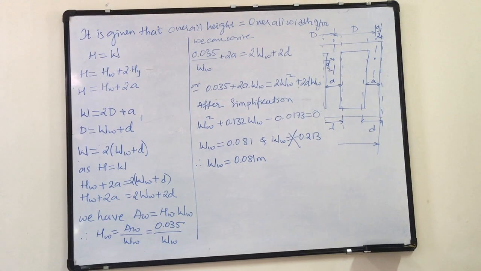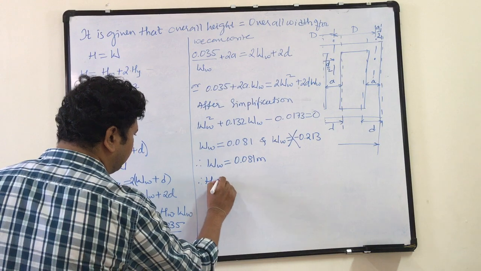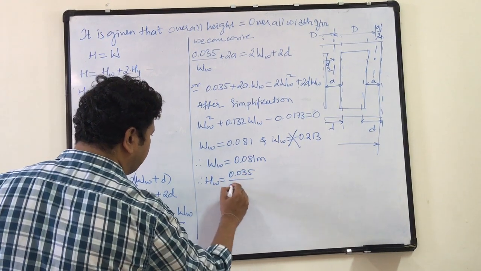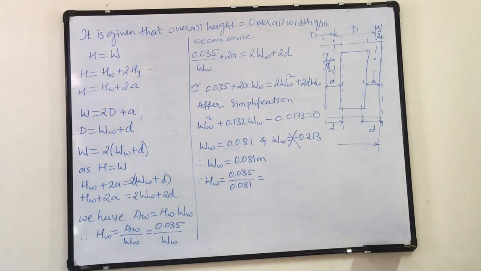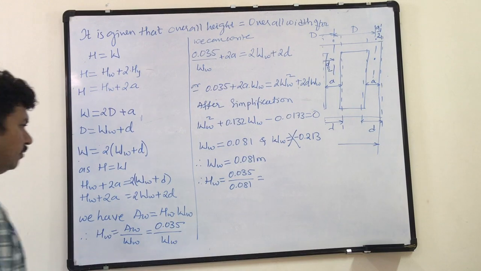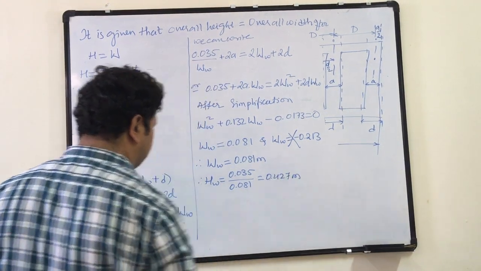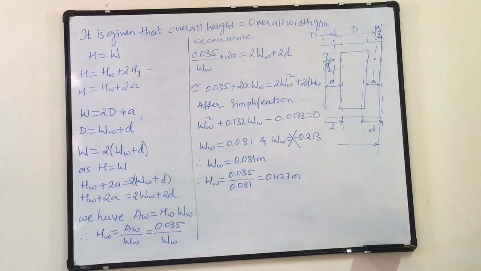So from this I can calculate what is height of window. Therefore, height of window is equal to 0.035 divided by 0.081. That will come out to be 0.427 meters.